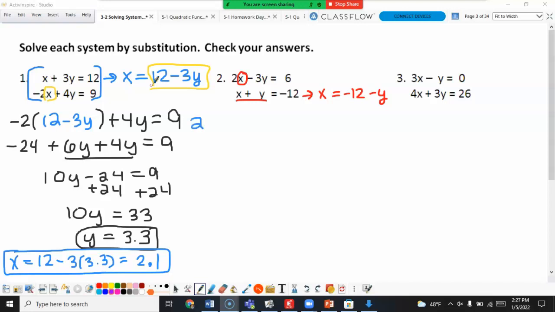So it's 2 times negative 12 minus y, minus 3y equals 6. Negative 24 minus 2y minus 3y equals 6.